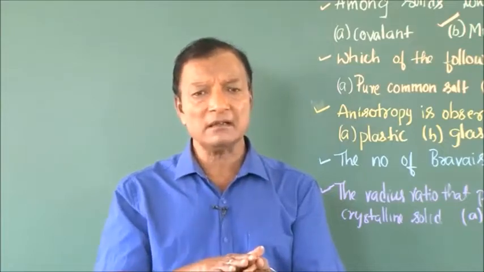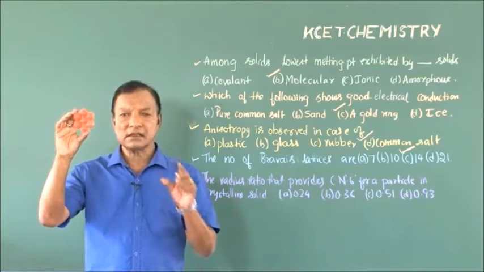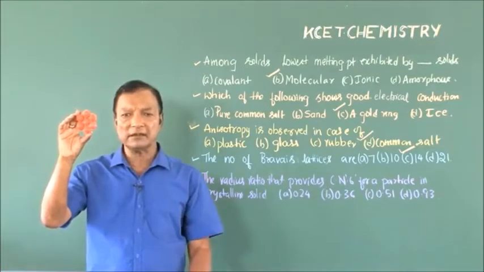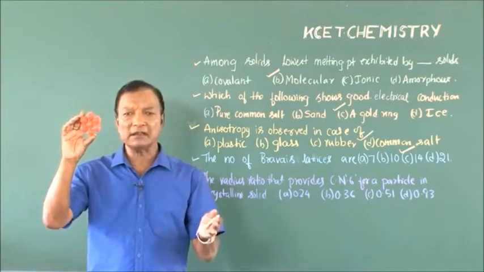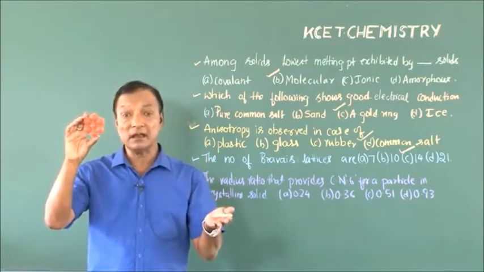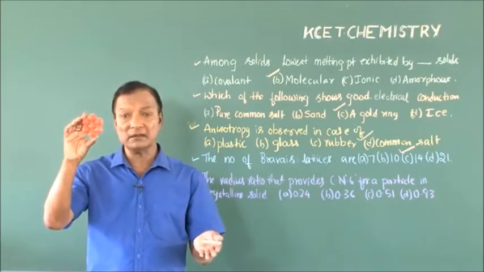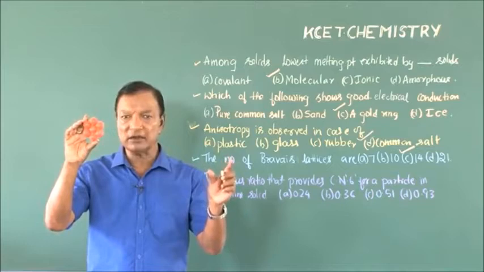The particles are closely held. If we take the systematic arrangement of the particles, we find these particles in the form of layers, and the layers are placed one above another to produce the 3-dimensional crystalline solid.